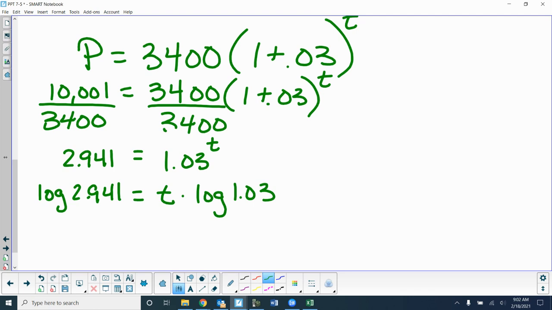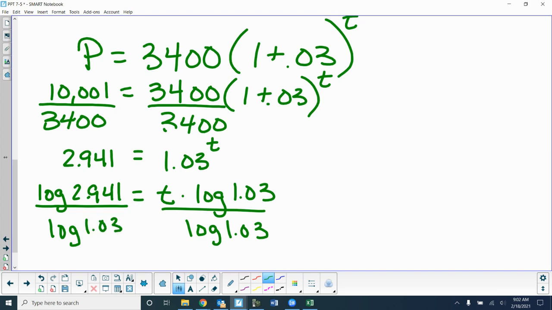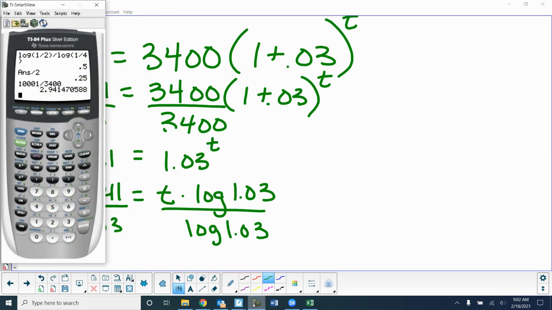Now what do I do to get T by itself? Divide by what? Log of 1.03, right? So I'm just gonna go log of the second answer, close it up, divided by log 1.03.